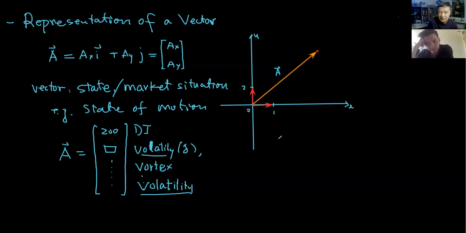So what is a base or basis? That's basically what I write down here. A base is just a set, a group of elements, a set of orthogonal unit vectors.